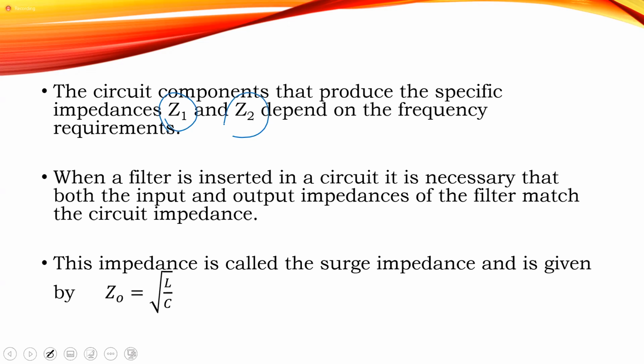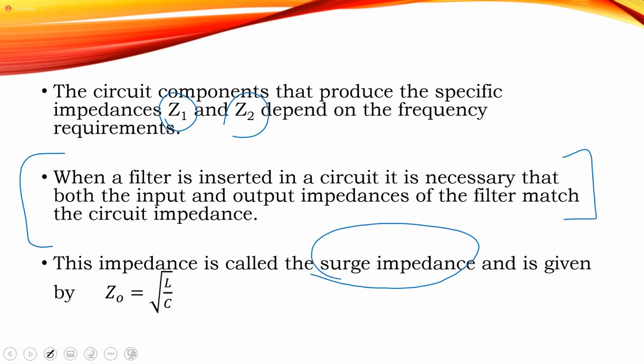All right, that's the purpose of the filter. And for that reason, when we insert it in a circuit, the input and output impedances must match the circuit impedance. Right? Now, we may not have spoken a lot about impedance matching, but if you recall, when we were looking at your iterative impedance, this is where all of that comes into play. And we talk about the surge impedance, which is the name that you would use in certain aspects of engineering.